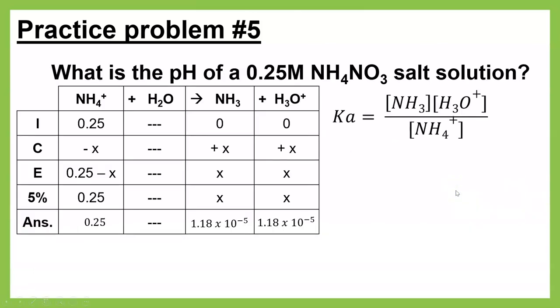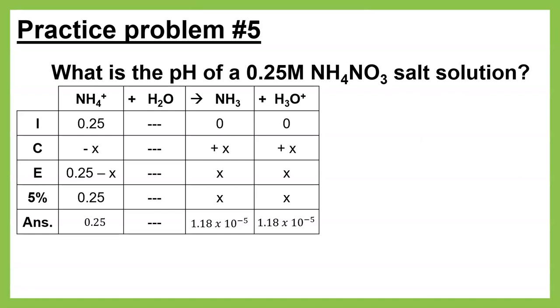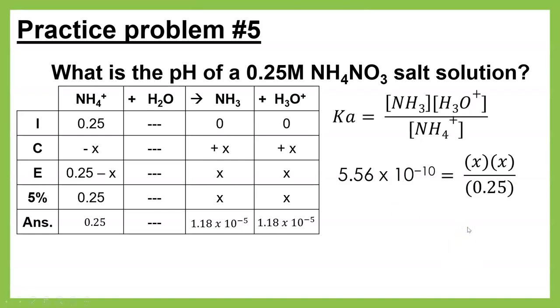I have my Ka, products over reactants, water is not included. I have my simplified version thanks to my 5% rule.